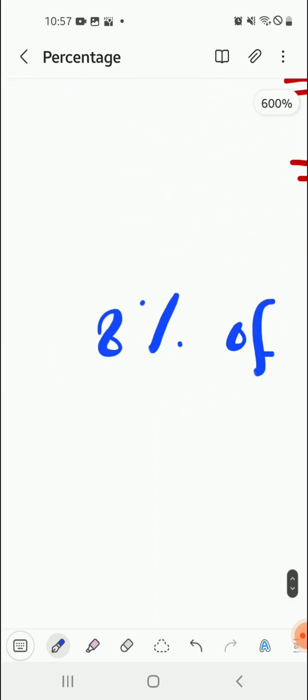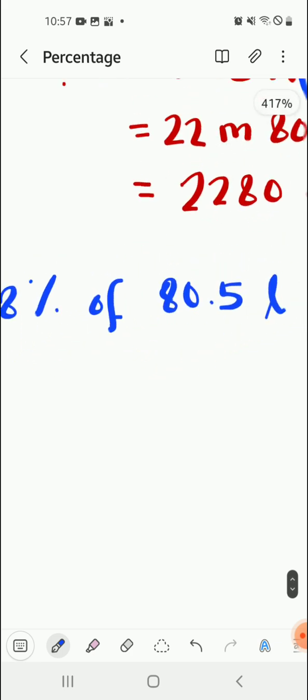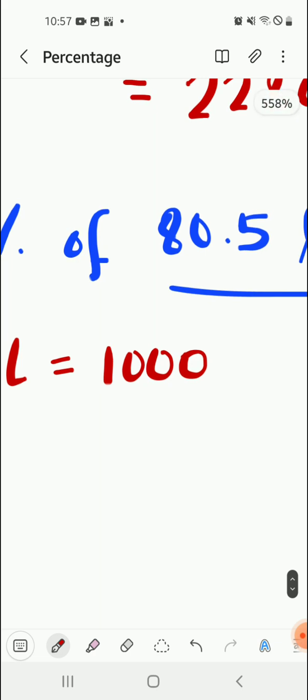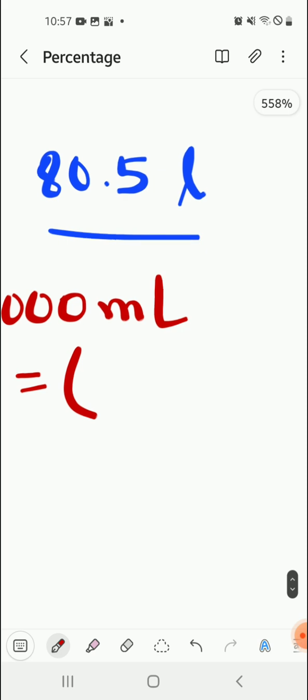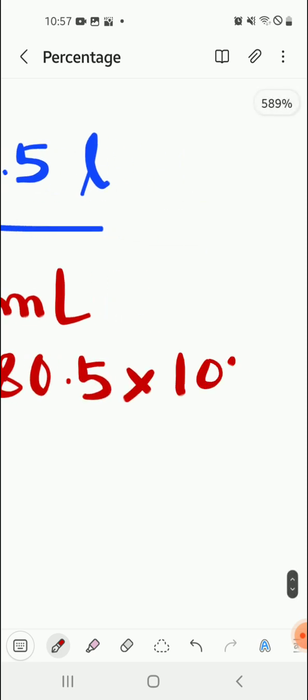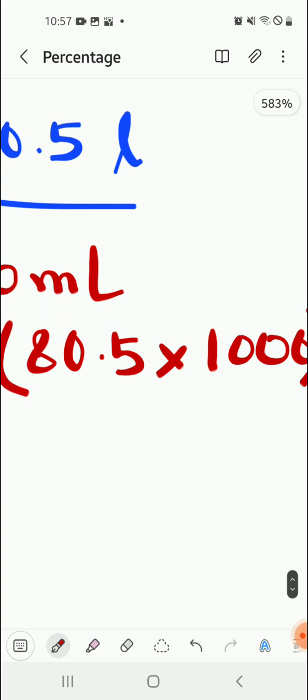Now we have got 80.5 liter. So we know one thing, that 1 liter is equal to 1000 ml. So 80.5 liter is equal to 80.5 into 1000 ml. That means the decimal point will be shifted thrice because there are three zeros.